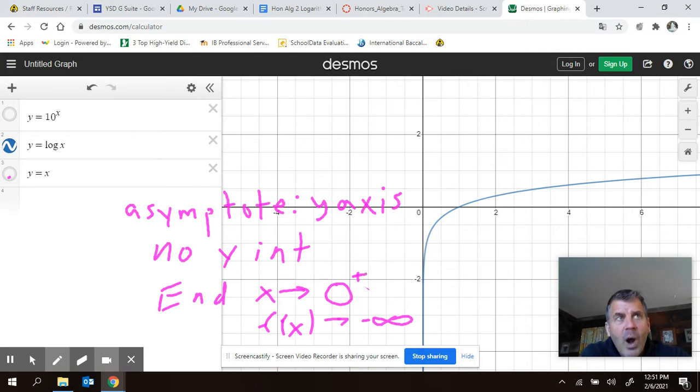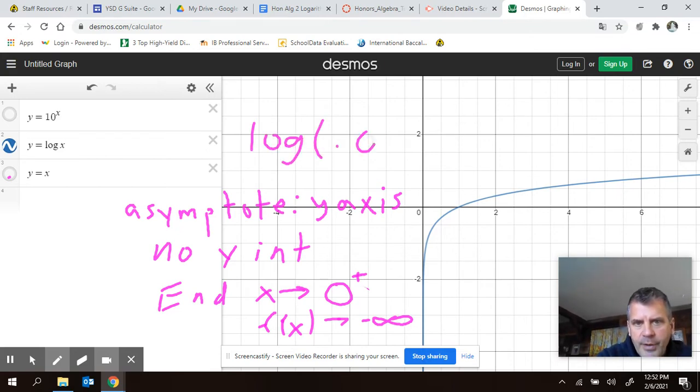Okay. Why is that? Think functionally, like put some numbers in there. If you have the function y is equal to log x and you put a value in there for x that is very, very, very close to 0, like say on your calculator, you can type this in, log of, let's get really close to 0, 0.000001, let's say.